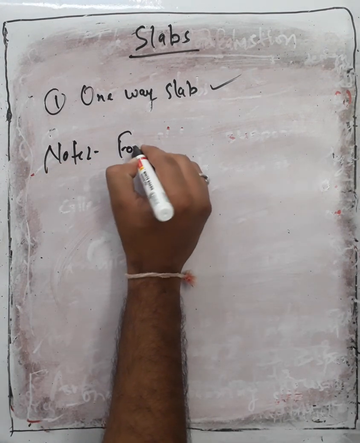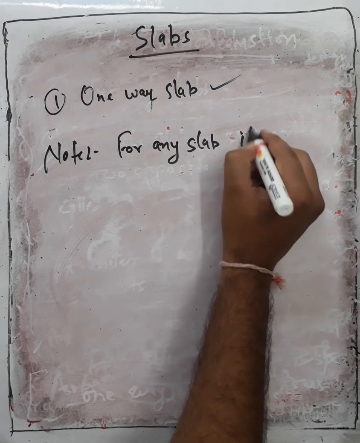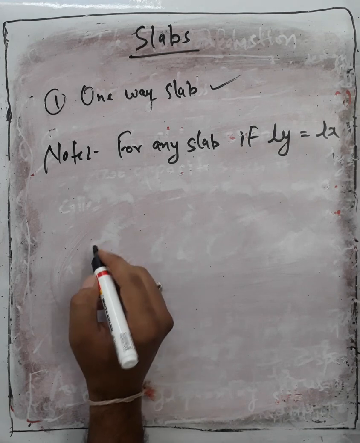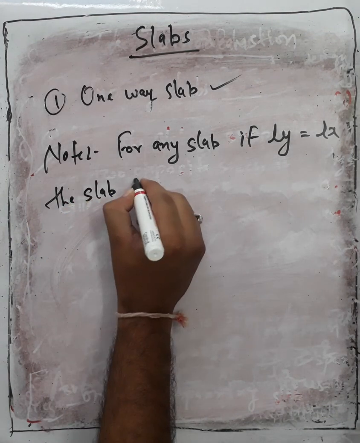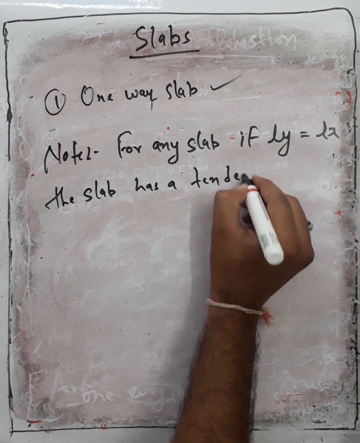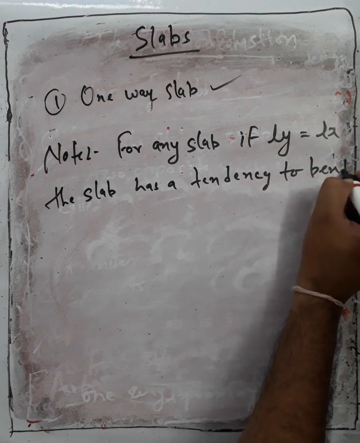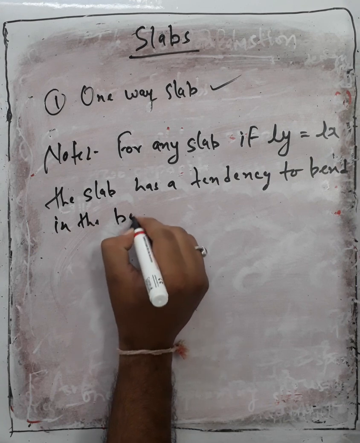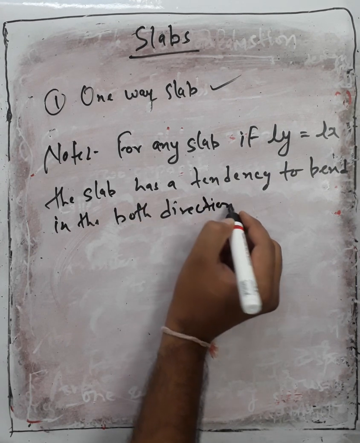For any slab, if Ly is equal to Lx, the slab has a tendency to bend in both directions.